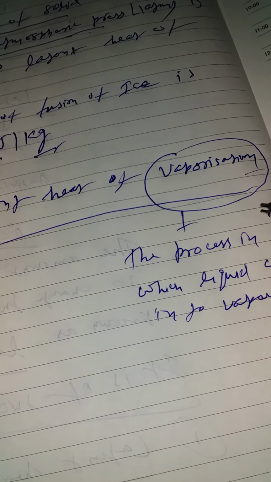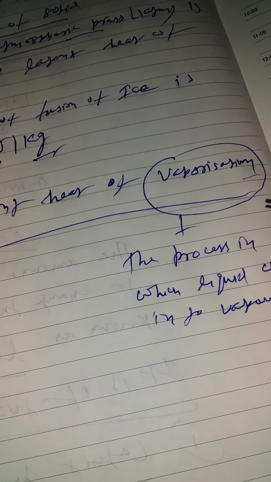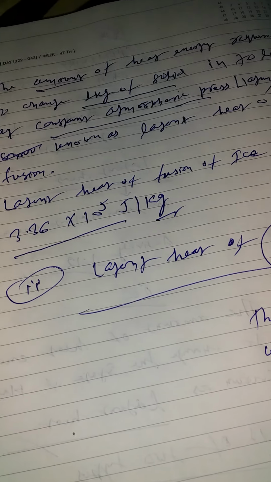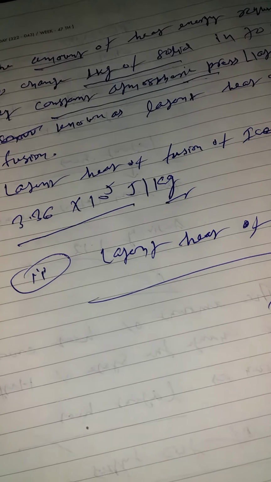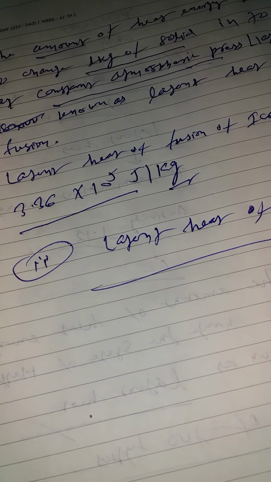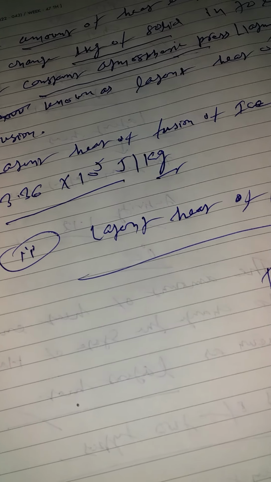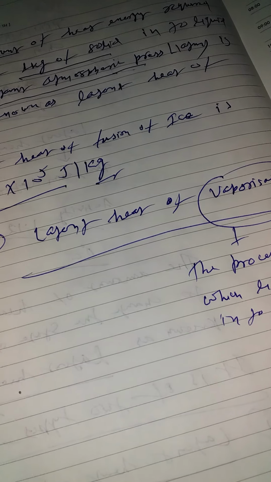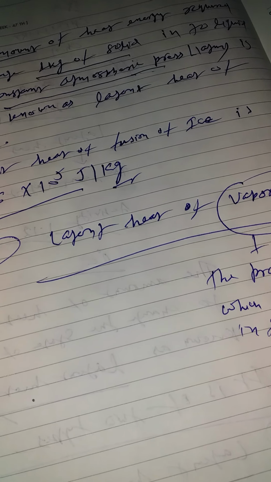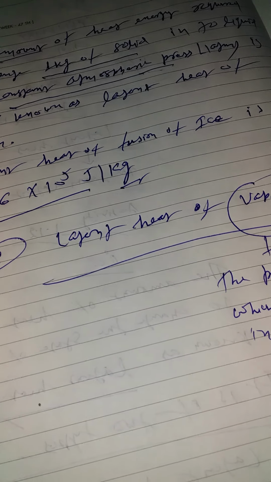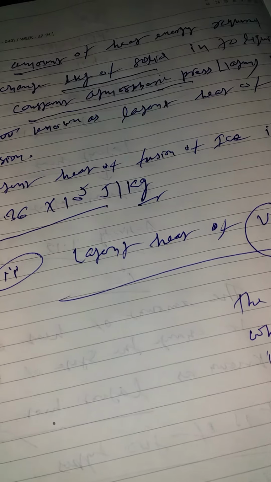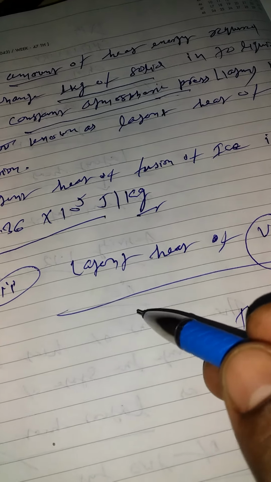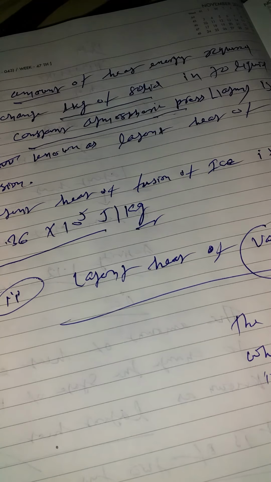This is already discussed in the topic interconversion of states of matter. In the second condition, when water boils at 100 degrees C and then its state changes from liquid to gas, the amount of hidden heat is also required, and in that situation we use the term latent heat of vaporization.